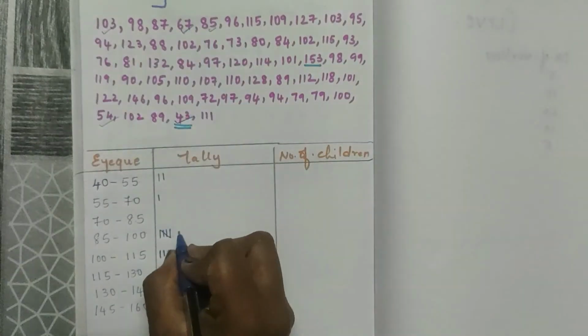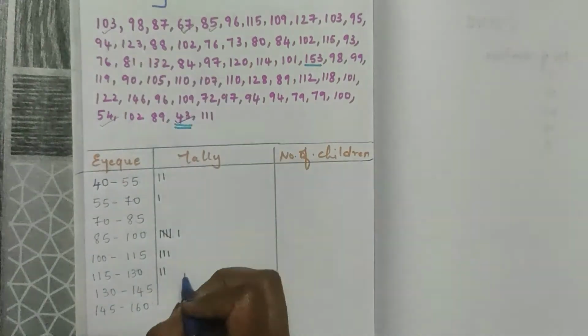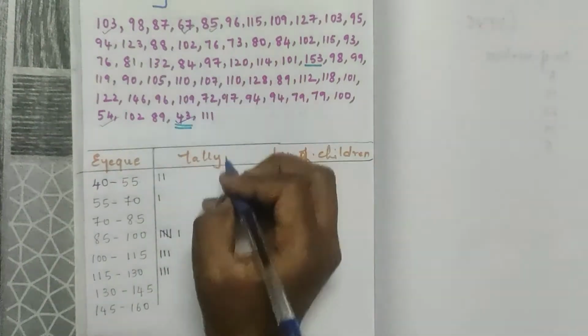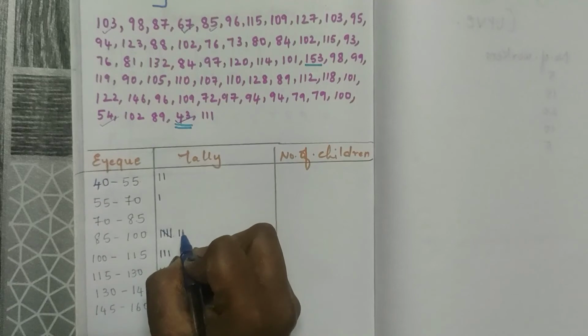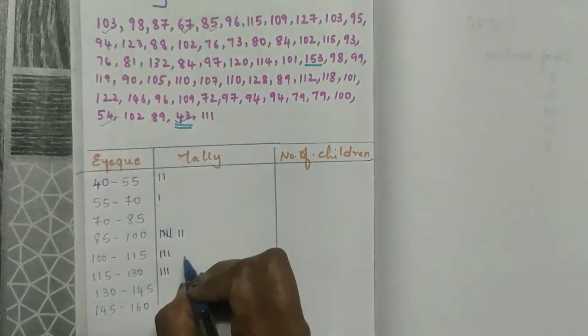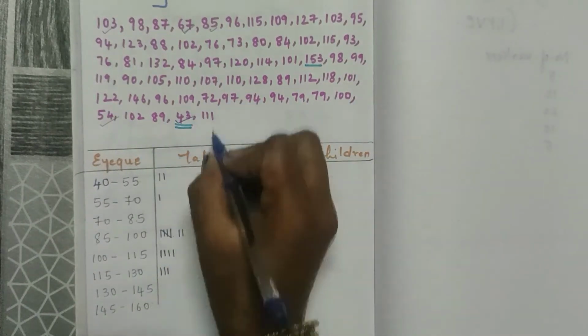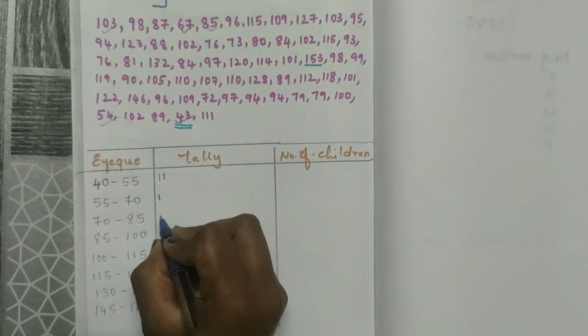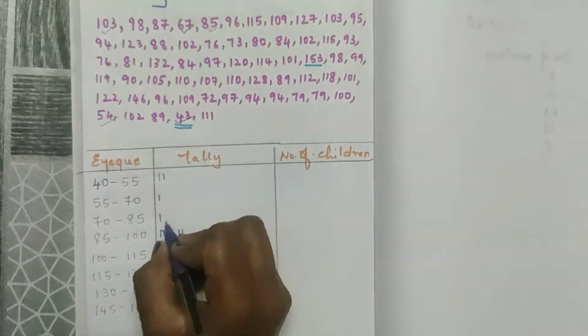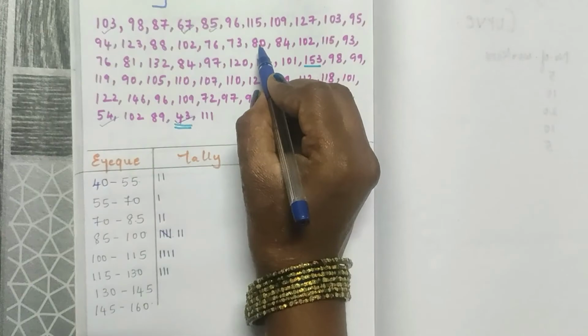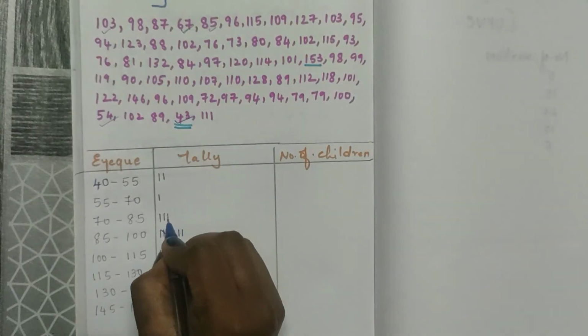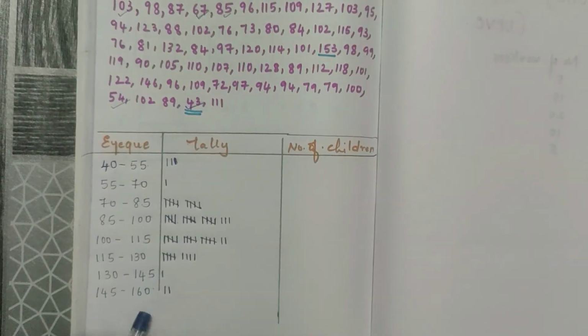Now 94 again over here. 123 and 88 in this one. 102, this one. 76 here. 73 in this. 80 here. So this is how you need to plot everything.